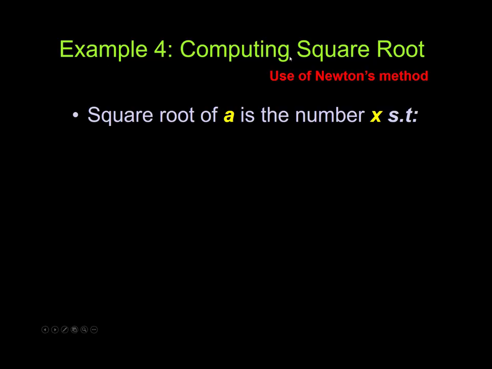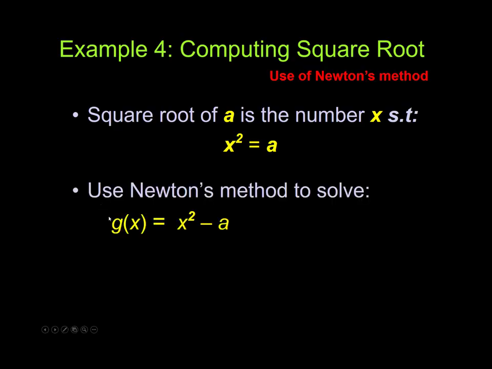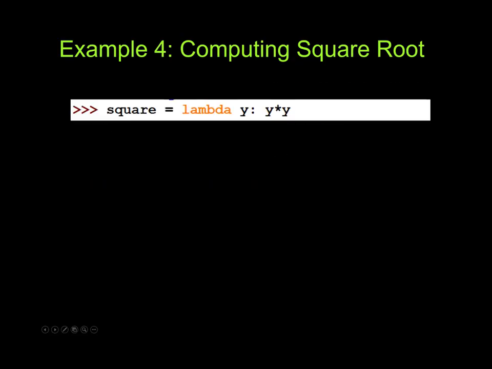Example 4. Computing square root using the Newton's method given in example 3. Square root of a number a is the number x such that x squared is equal to a. We can set up g(x) to be equal to x squared minus a and then use Newton's method to find the root of this, which is equal to 0, which is the same as this equation. Here is how it looks.